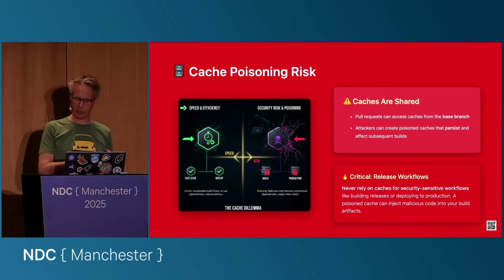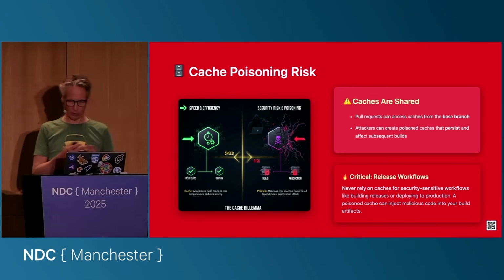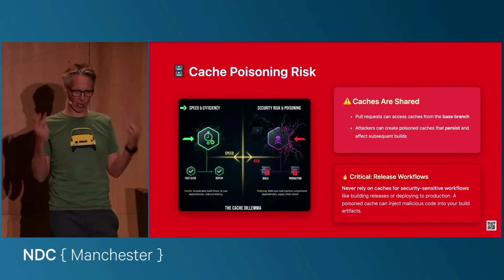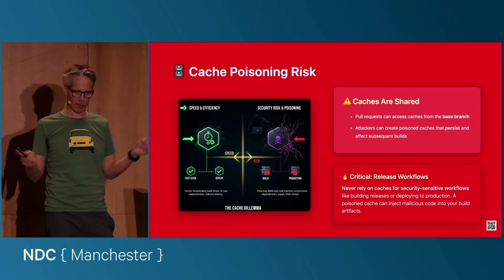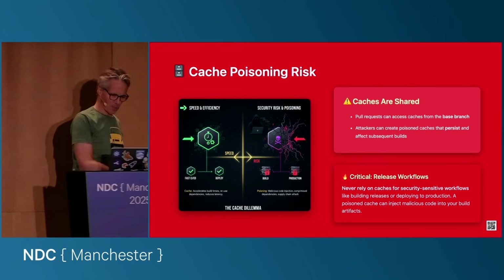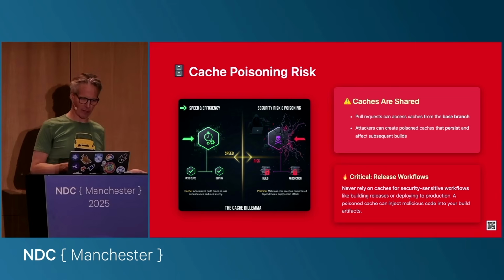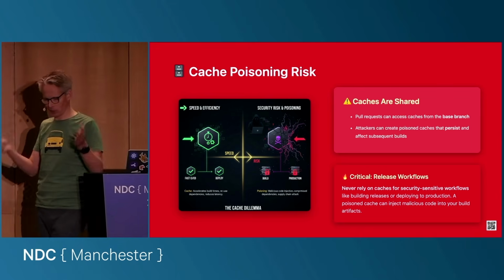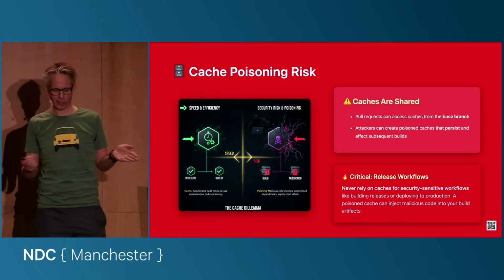So where you make a release, where you deploy maybe to cloud, where sensitive stuff is, don't use the cache. Also, when you read the advice from GitHub about how to harden your workflow, it is there, but who is reading a document like this? And another thing that you have to know, when you use GitHub Actions, you have all kinds of actions that are handy to set up your system.